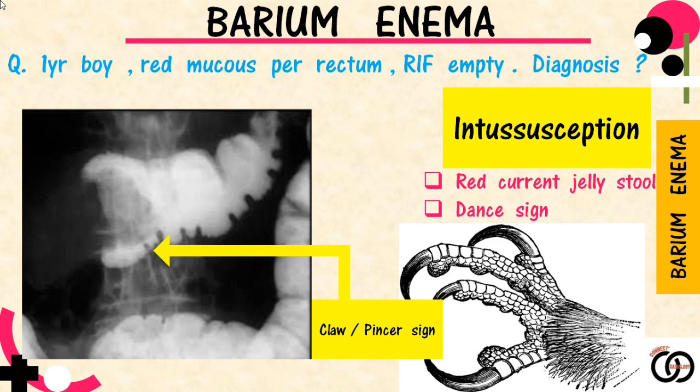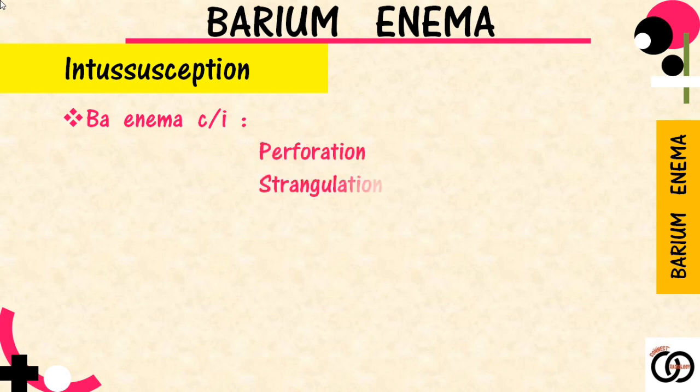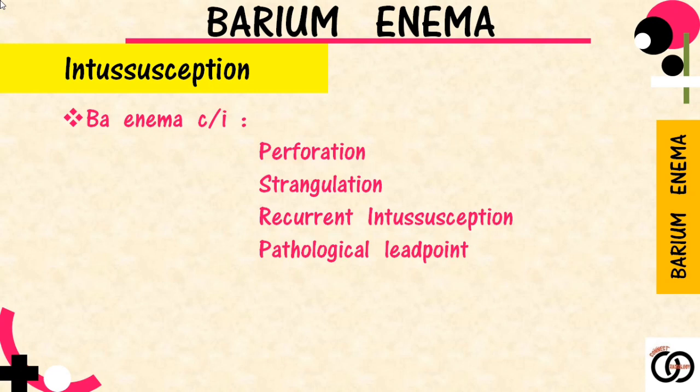Remember, barium enema is contraindicated in case of intussusception if it is accompanied with perforation, strangulation, pathological lead point, or recurrent intussusception. Here, we treat the patient with resection and anastomosis. Also, remember, the investigation of choice for intussusception is not barium enema. It's ultrasound in case of children.